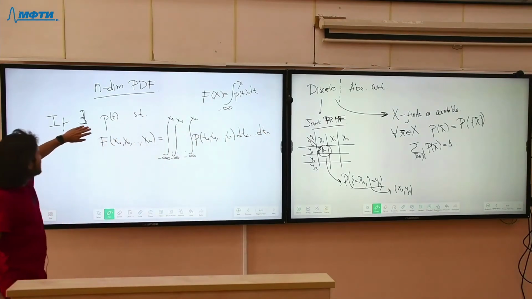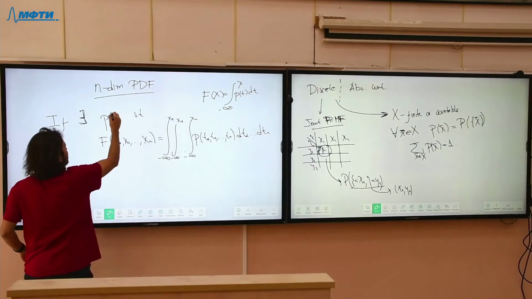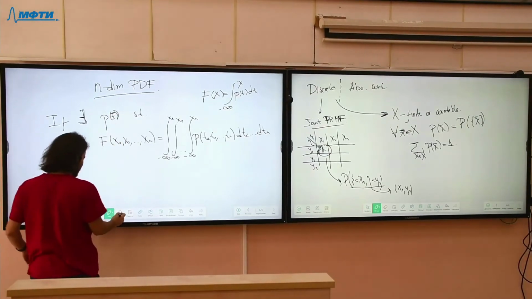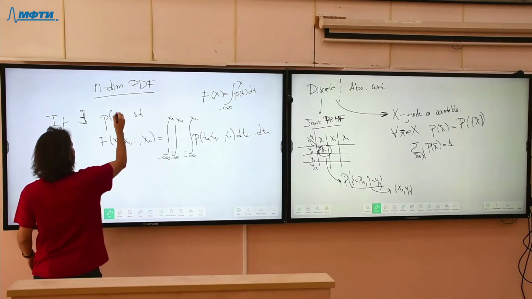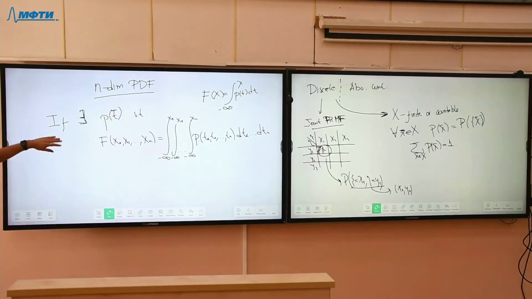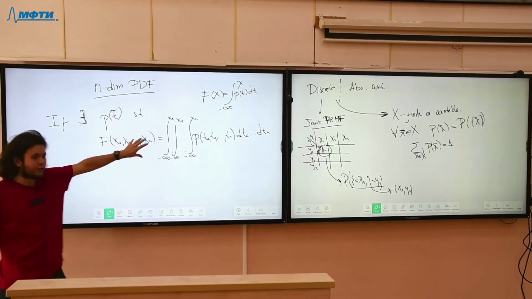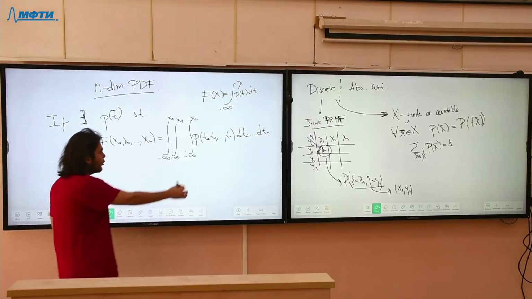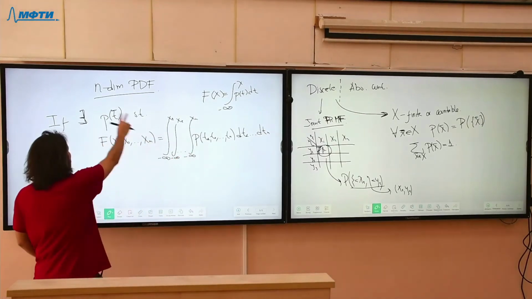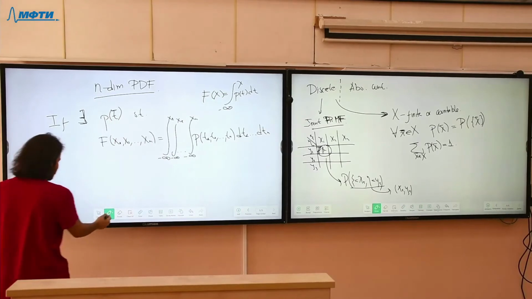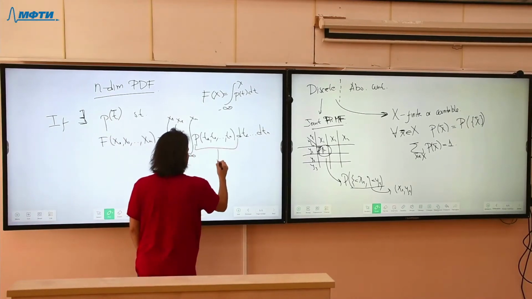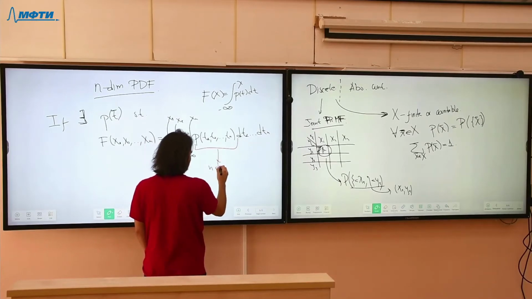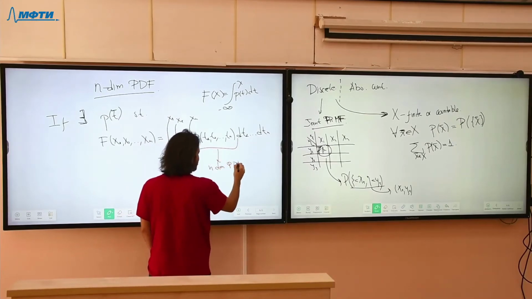If there exists such a function, sorry, here we have a vector, we can write vectors. If there exists such a function that this is true, then we call this function the n-dimensional PDF. We are going to call it just the PDF.